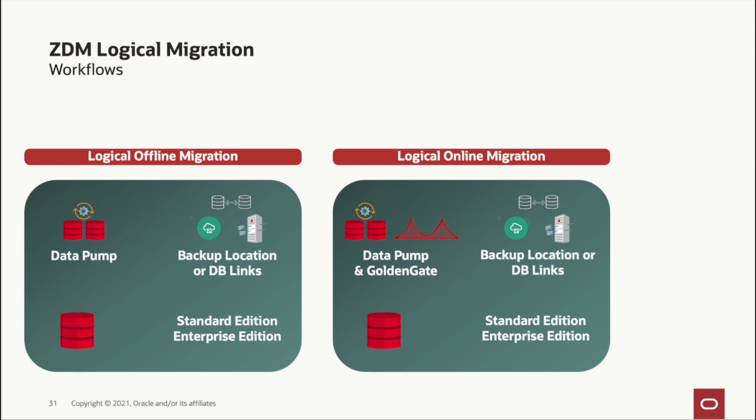All of these, of course, are orchestrated and synchronized by ZDM, and each one of these has different features and functionality and different ways of working. But I'm going to focus on the logical online migration with Data Pump, GoldenGate, and a backup location, which is the most common use case for logical migration. So I'm going to go step by step and explain and share with you how it works.